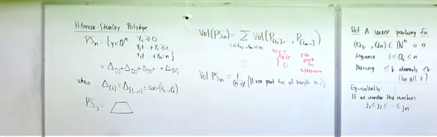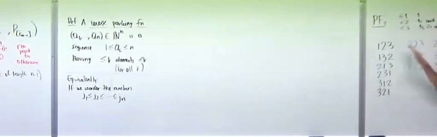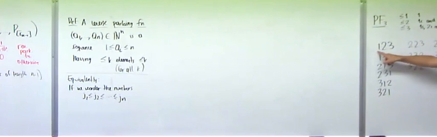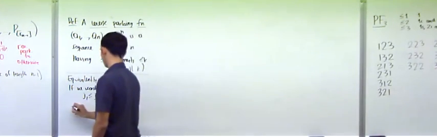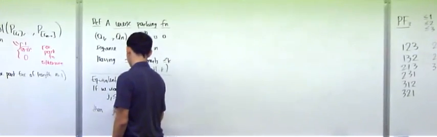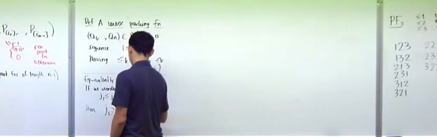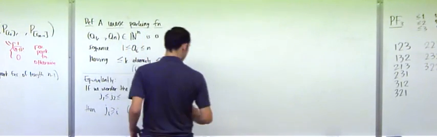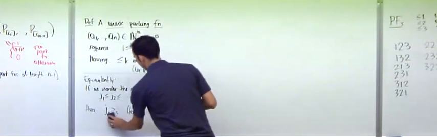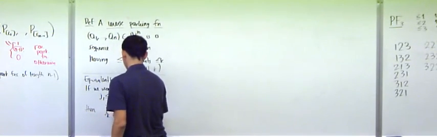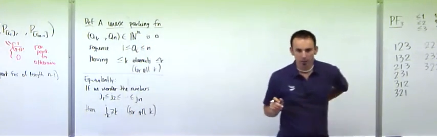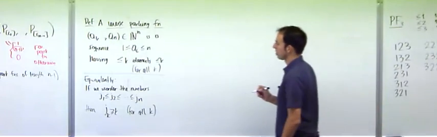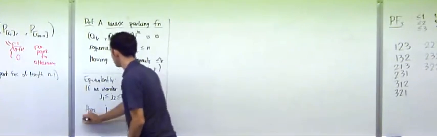So if you just take whatever parking function you have and you put it in increasing order, then what you need is that the first number should be at least 1, the second number should be at least 2, and so on, okay? Then j sub k should be greater than or equal to k for all k. All right? So that's a reverse parking function.